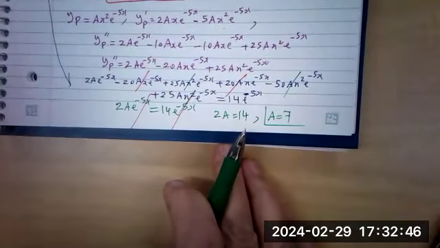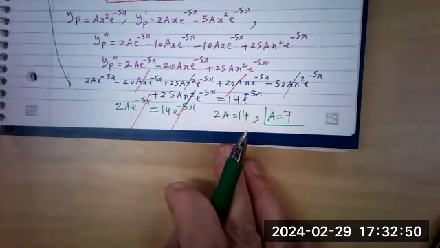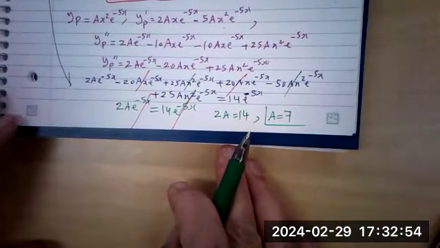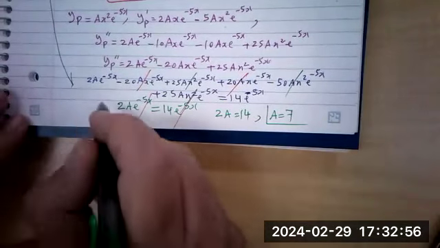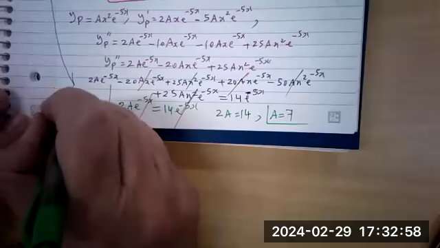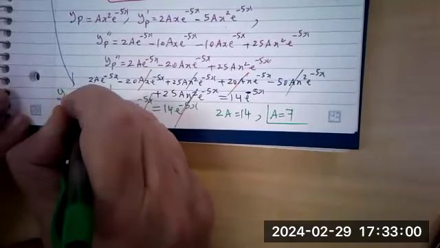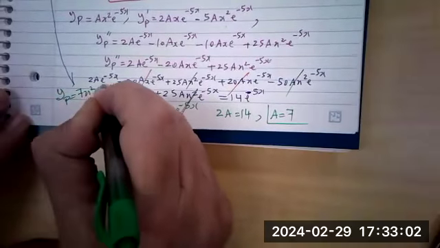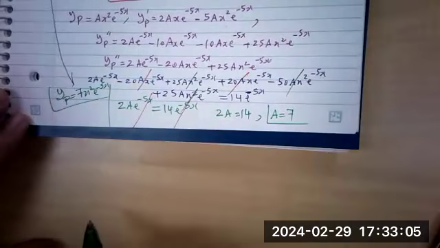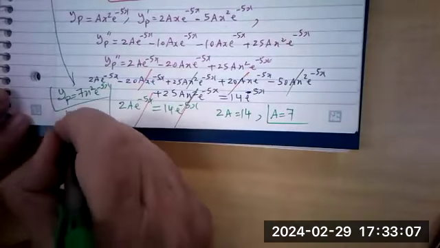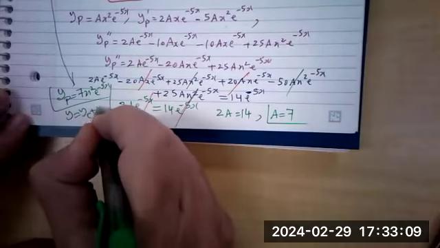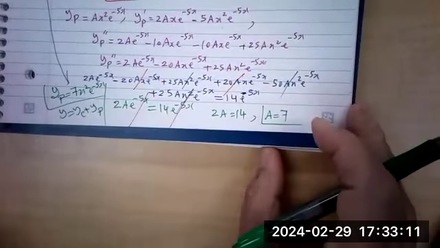Again, if those terms are not canceling out, probably you missed the duplicating case. So your yp is going to be 7x squared e to the negative 5x. That's it. And the solution is y equal to yc plus yp.